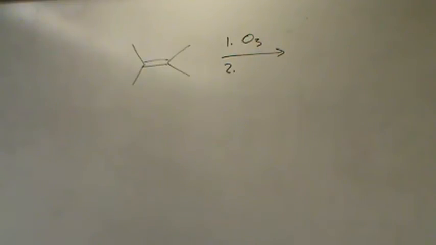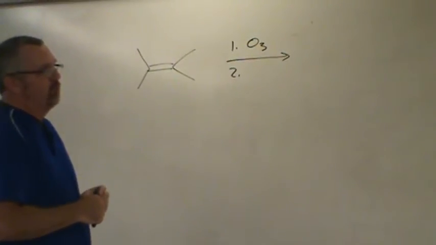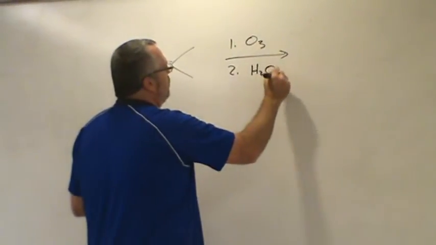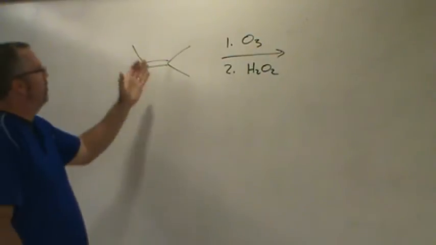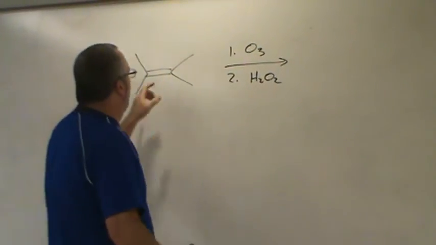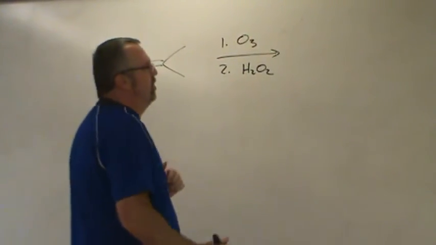We can either do an oxidative or a reductive workup. Now, for the purposes of forming carboxylic acids, we're going to be interested in an oxidative workup, which means we're going to use H2O2. What happens in the ozonolysis reaction is that you chop the alkene in half, break it apart into 2 pieces, and wherever there used to be a carbon-carbon double bond, you put a carbon-oxygen double bond.